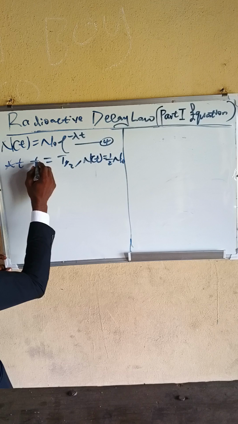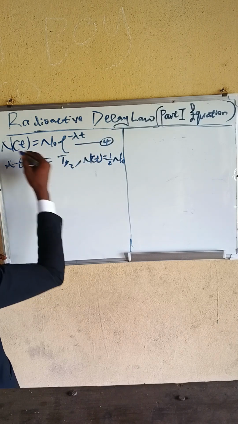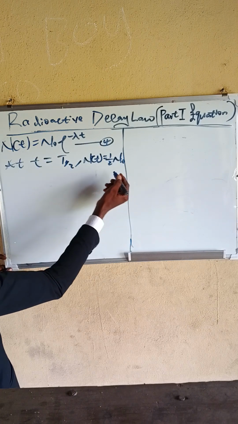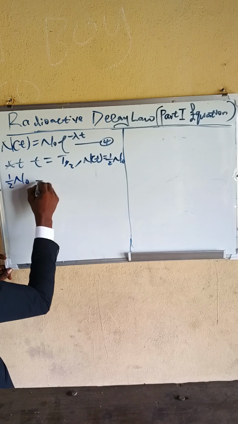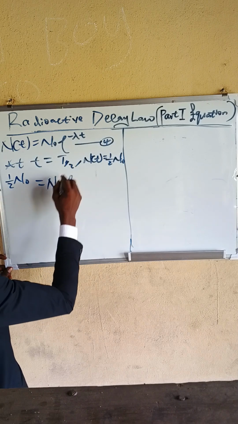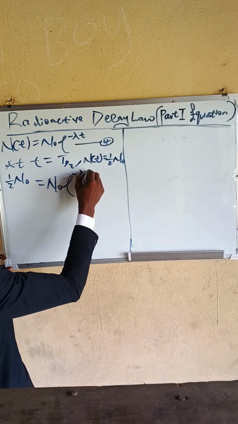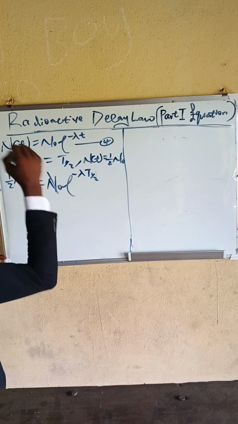So wherever we see t in this equation, we put t half, and wherever we see N of t, we put half N naught. If I do that, I will have half N naught is equal to N naught exponential negative decay constant t half. Already you know this, we cancel the N naught.